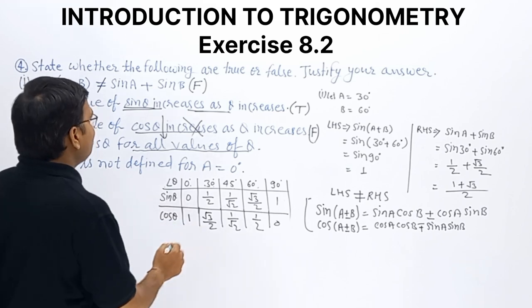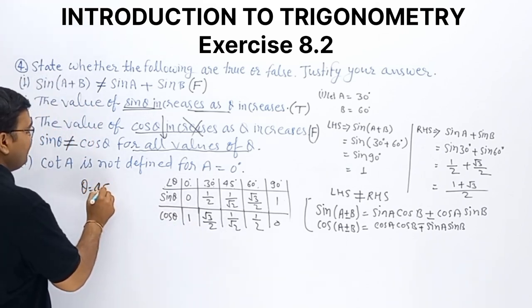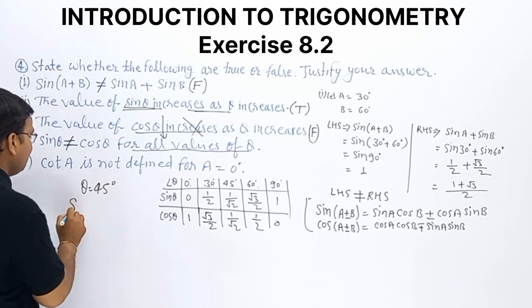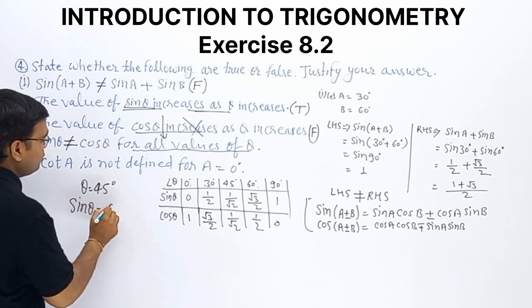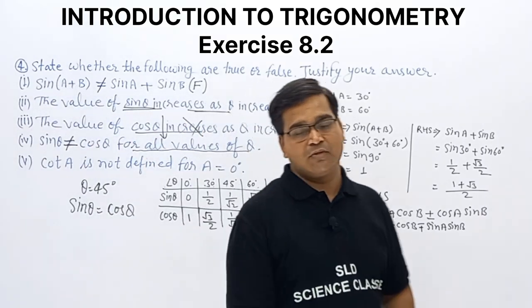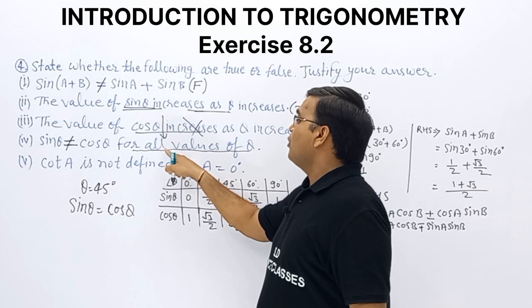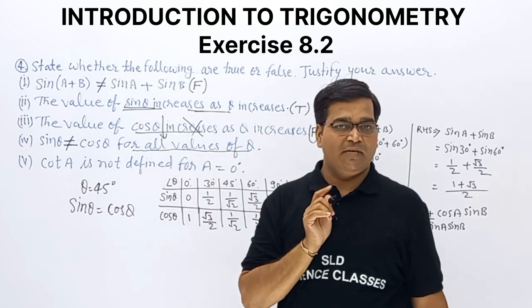But once theta equal to 45 degree, observe, sin theta is equal to cos theta. Only for theta equal to 45 degree we are getting the same values. Sin theta equal to cos theta only for theta equal to 45 degree.